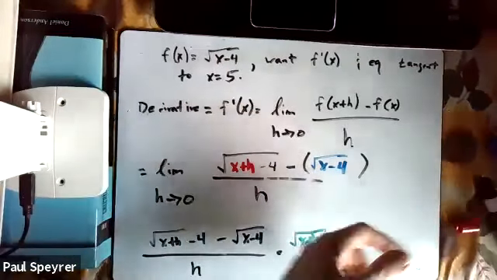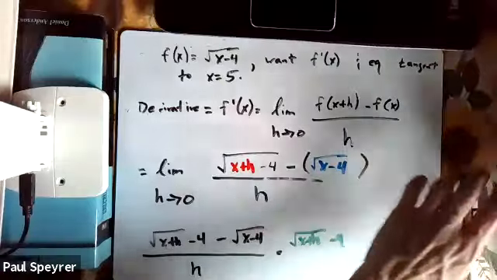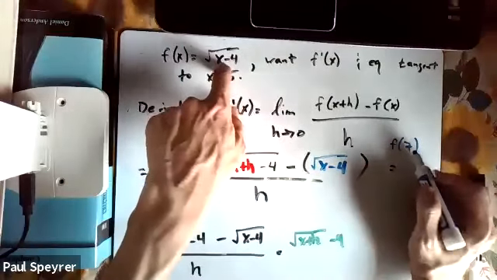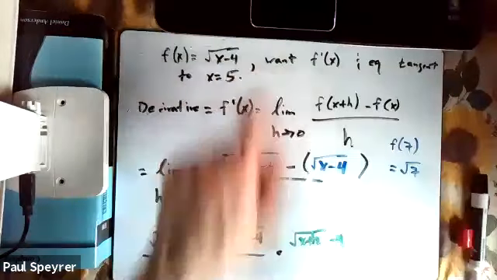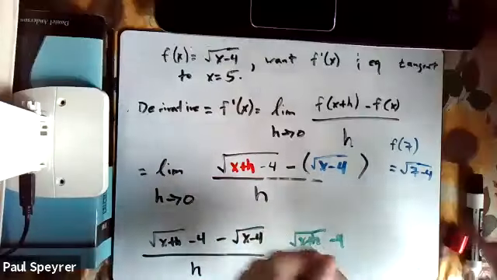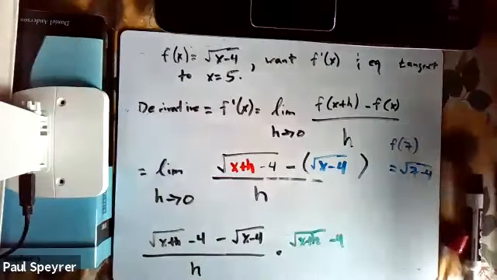Kind of like if the problem said find f of 7, for example, how would you work this out? You would plug the 7 in here, but you can't just go square root of 7. You have to put the rest of the equation. That's what was happening right there.